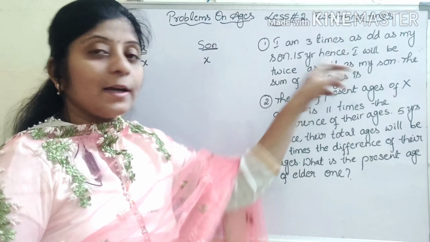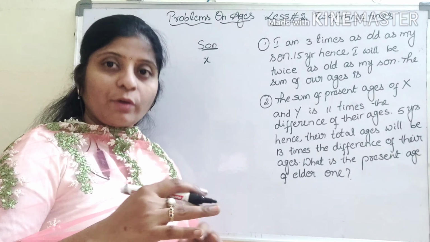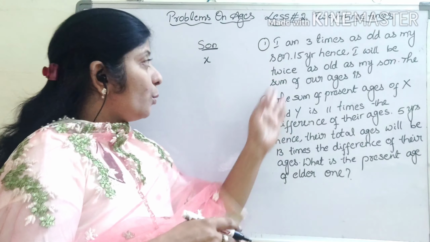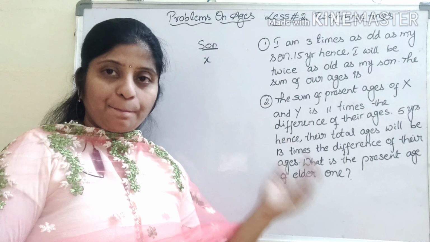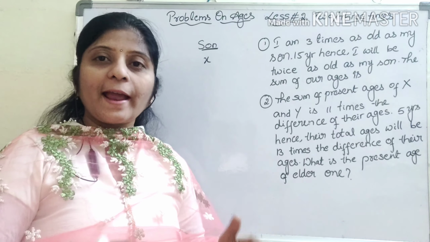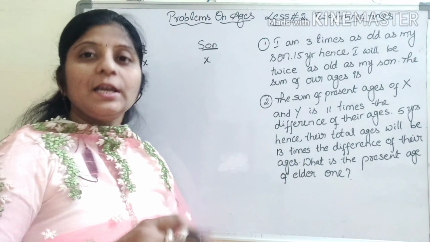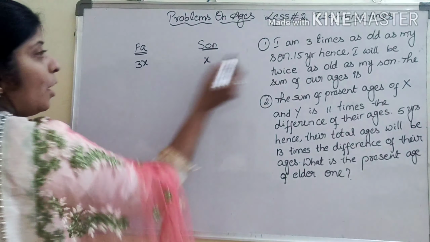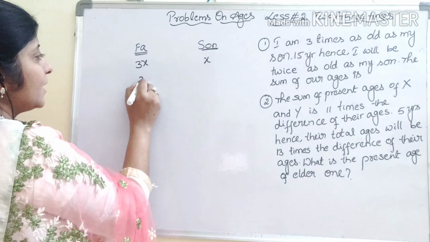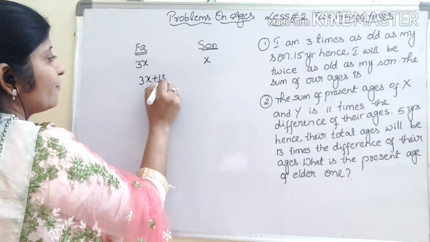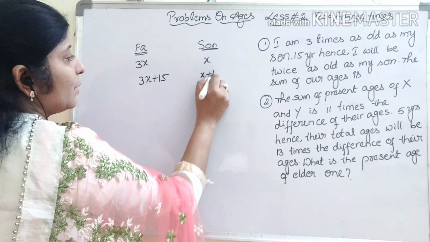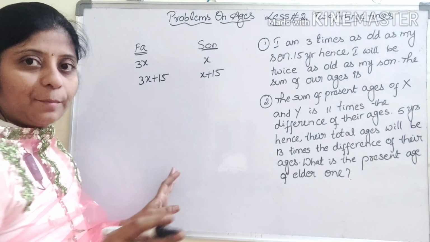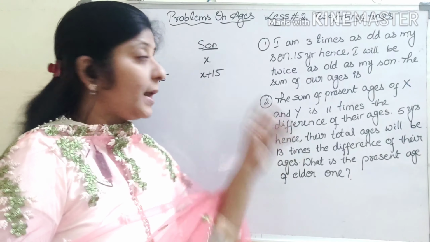Now 15 years hence. Hence means in the future, so we add that number of years; ago means in the past, so we subtract the years. So after 15 years, father's age will be 3x plus 15 and son's age will be x plus 15. Now let us go to the next line.